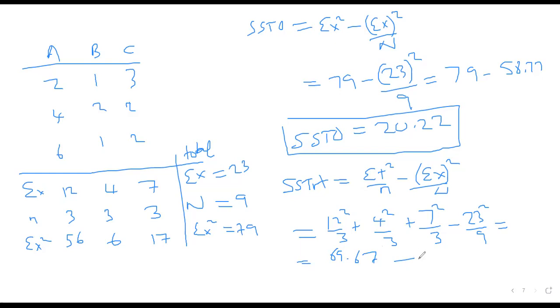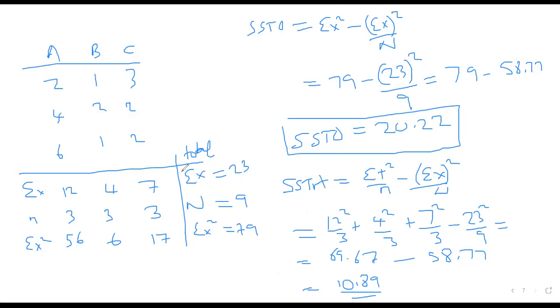Here we're going to have 58.77. So when you get the difference, you're going to get 10.89. Correct. So this is sum of square treatment.